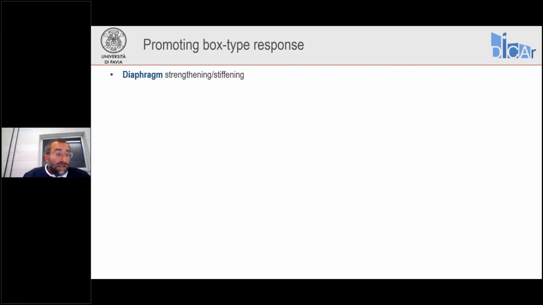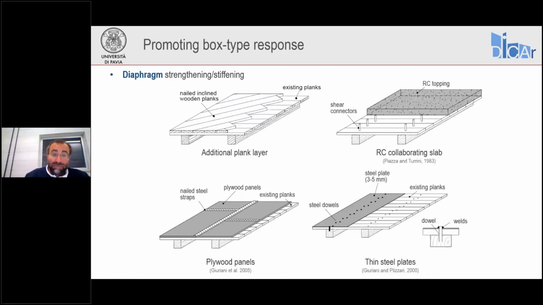And finally, let's talk quickly about diaphragm strengthening and stiffening techniques. Remember, diaphragms have to resist shear coming from the inertia of the walls restrained out of plane and of the diaphragm itself. Now, there are several techniques.